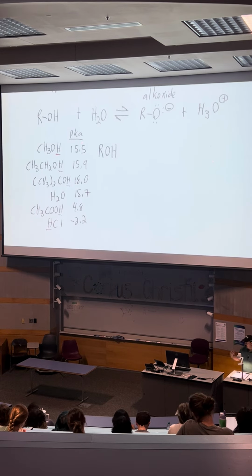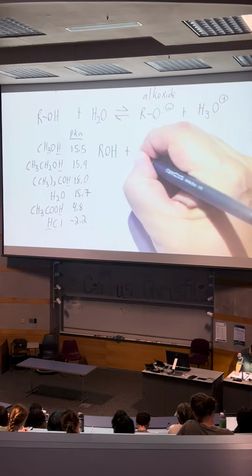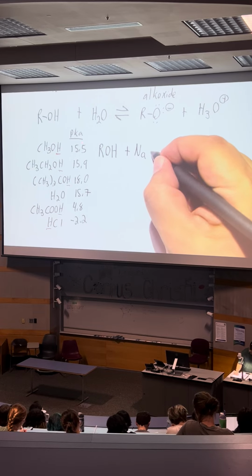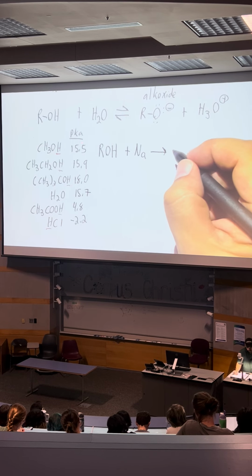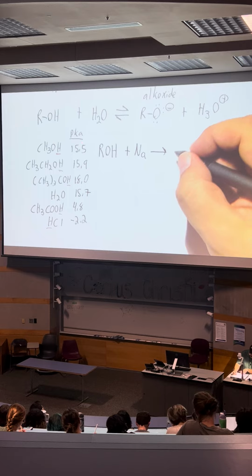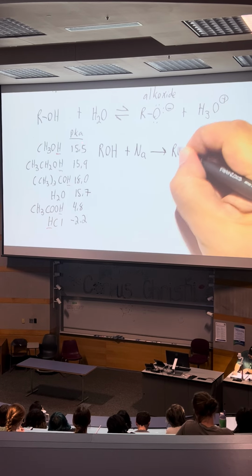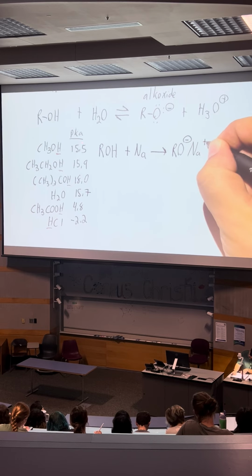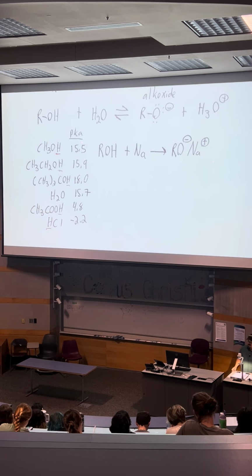It might not, right? So one of the things that we can show you that doesn't necessarily involve a base, but can deprotonate alcohols, is the use of alkali metals. If you take something like an alcohol and chuck in elemental sodium, you will deprotonate that alcohol. And so you'll generate the alkoxide and you'll trap it as the sodium salt.